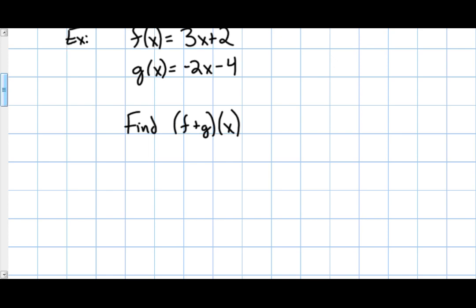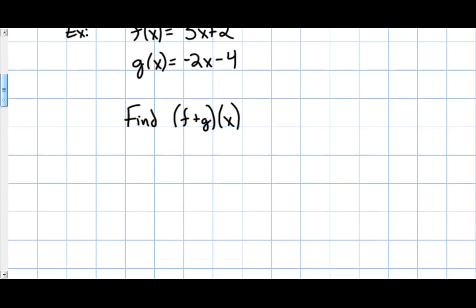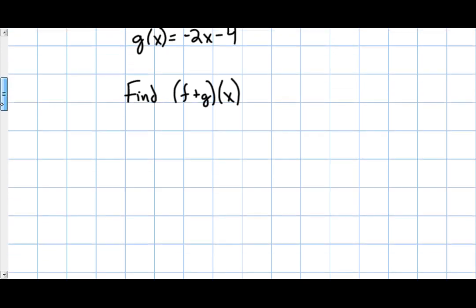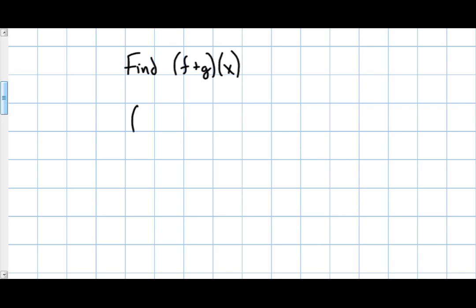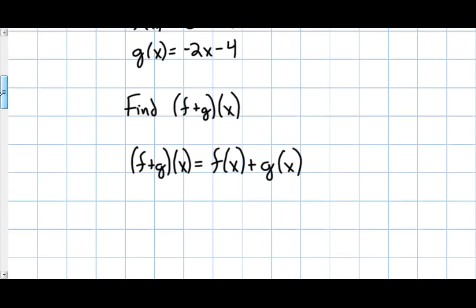Well, no problemo, because we know from our notes that we just took that f plus g of x equals f of x plus g of x. All right, well, that's pretty easy.